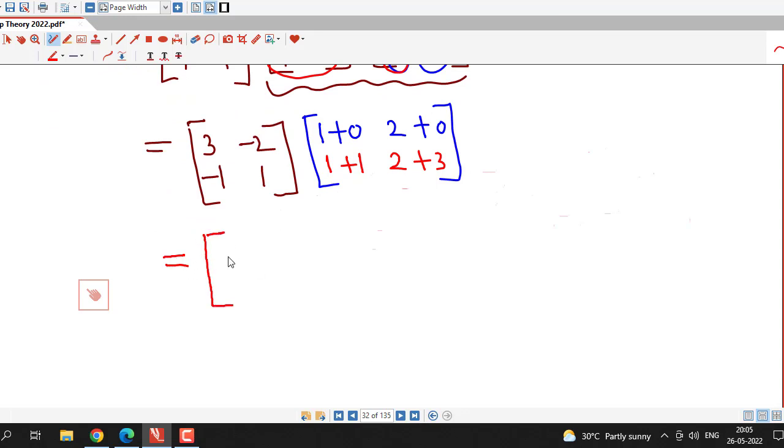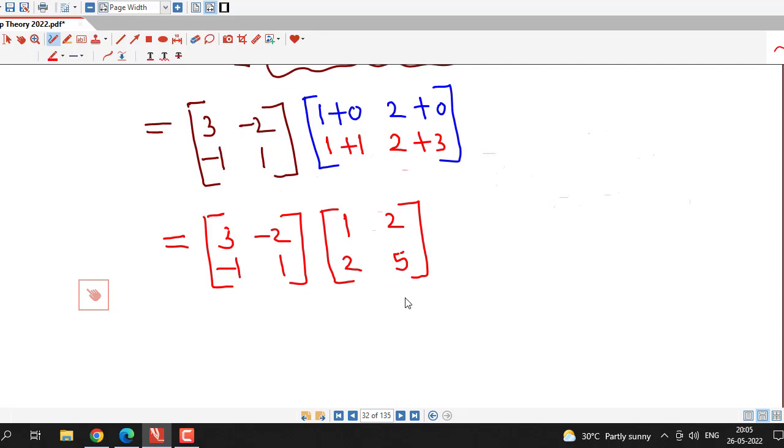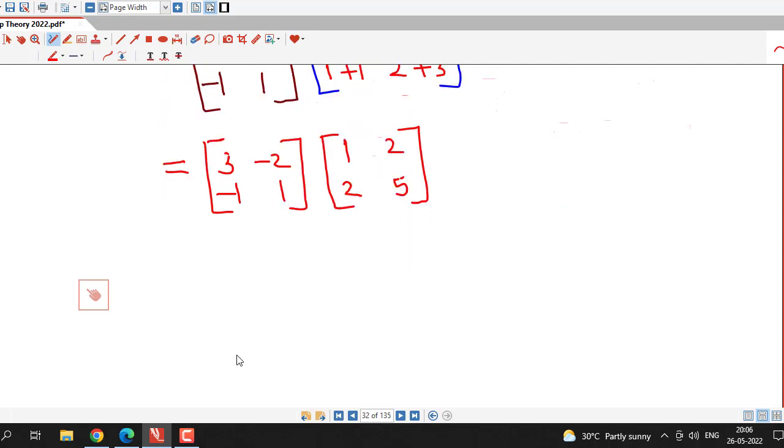So now I write this as it is: 3 -2 -1 1, and this is 1, 1 plus 1 is 2, 2 plus 3 is 5. So we have 1 0 and 2 5, and we multiply these two now.